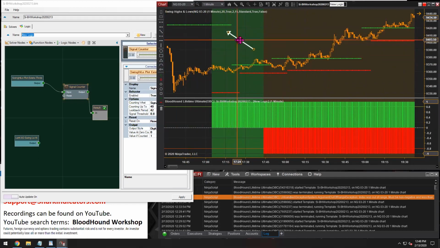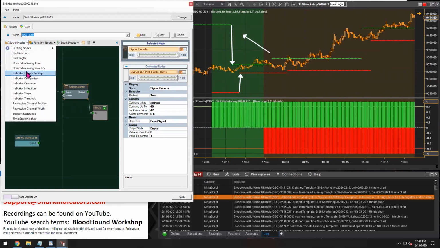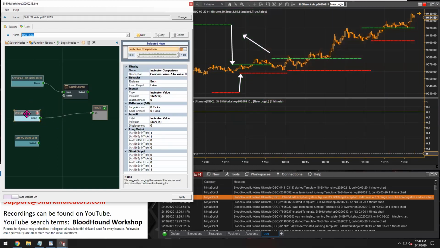So what we need to do is identify when the swing high changes and when the swing low changes prices. We need to identify that in our count here. So what we're going to do is create another comparison solver here. We're going to identify when the swing high or swing low changes.